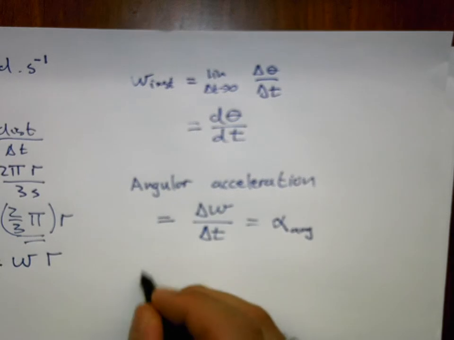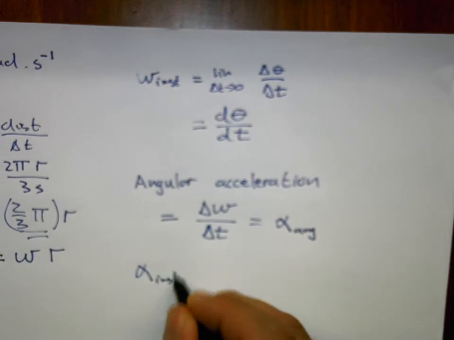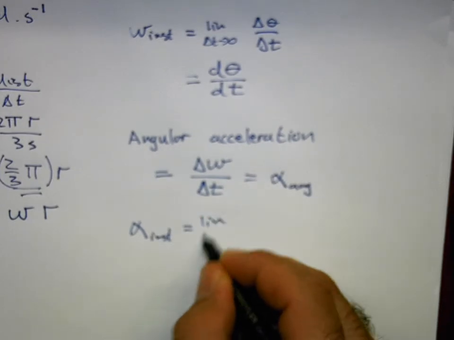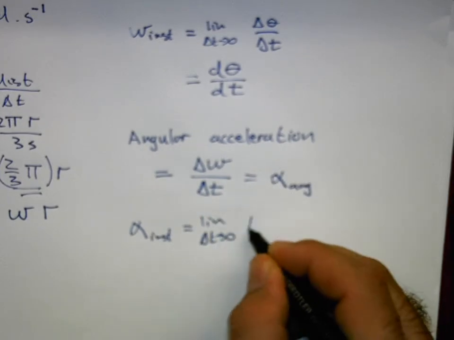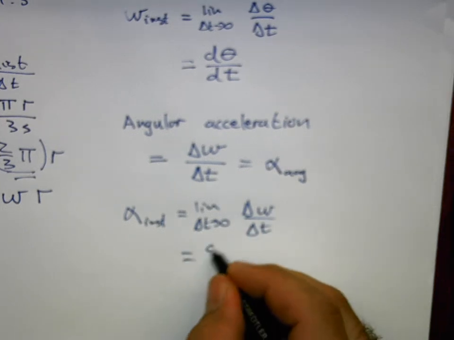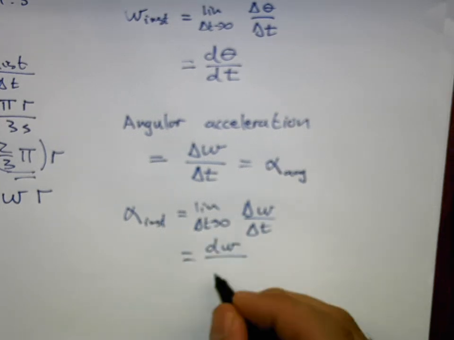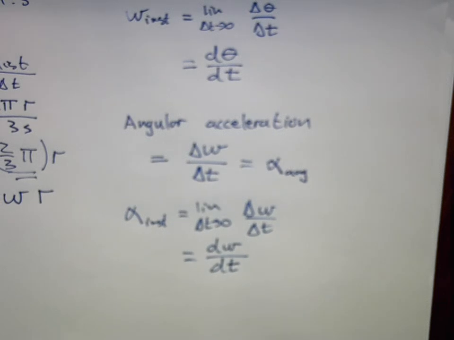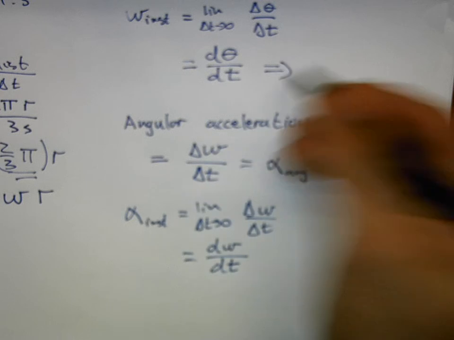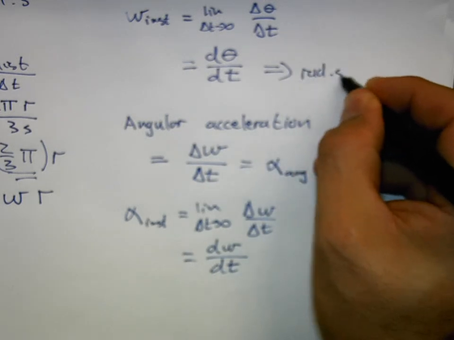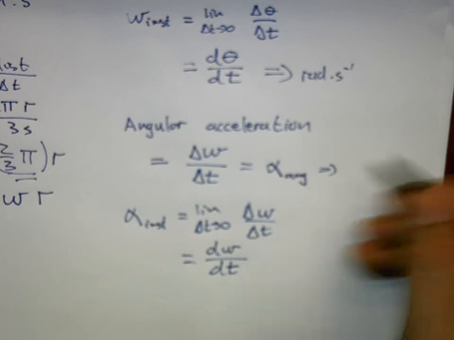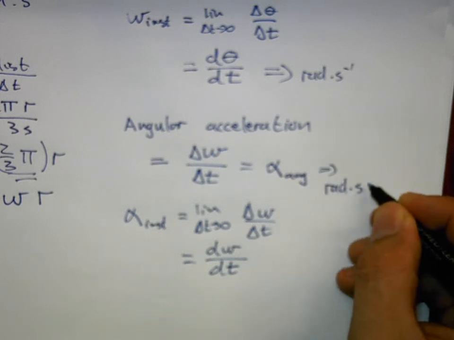And then we can get an instantaneous angular acceleration exactly the same way as before. This will be the limit where time goes to 0 of the above, and this is then just equal to the derivative of the angular speed with respect to time. So angular speed has units of radians per second. This will have units of radians per second squared.